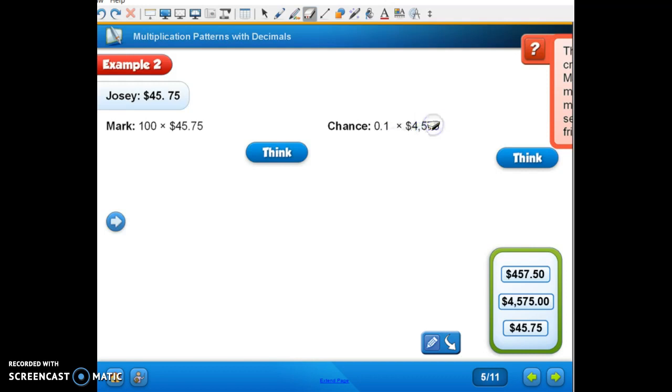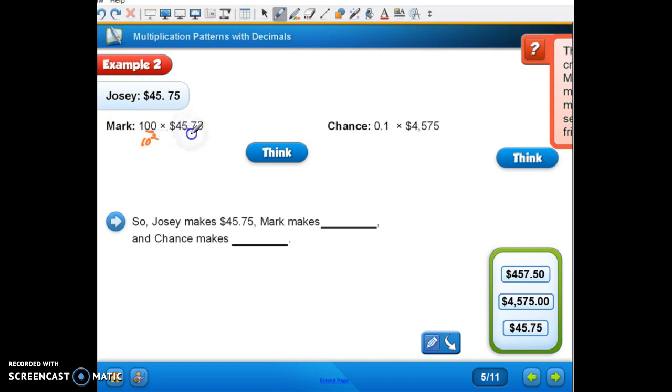Oh, so we need to figure out how much Mark made. What is 100 times 45 and 75 hundredths? How many places are we moving that decimal? 2, because we have 2 zeros here, or this is 10 to the second power. So we're going to move it 2. So Mark makes $4,575.